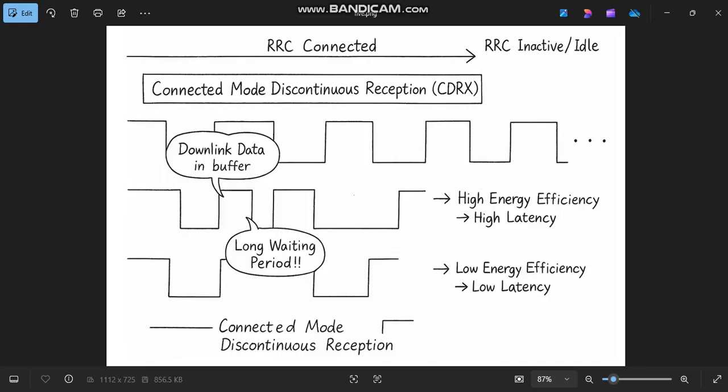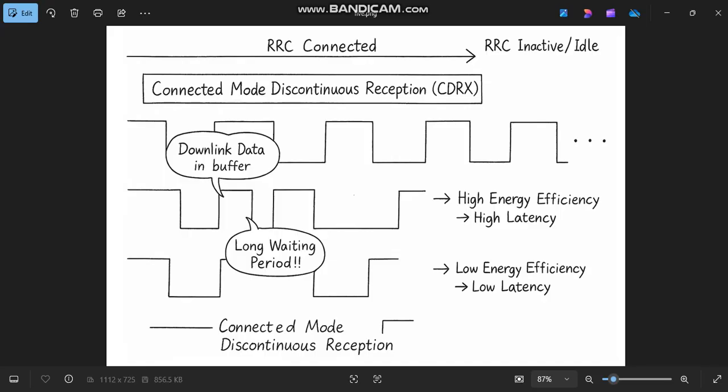So latency becomes very high, and energy efficiency increases. The problem here is latency, but energy is saved, the UE's battery is saved. So the one main hindrance is latency.